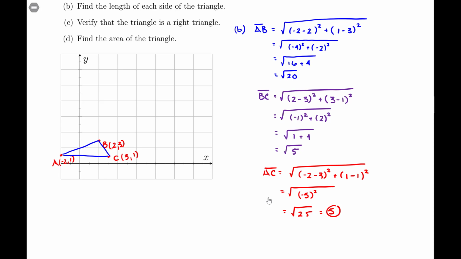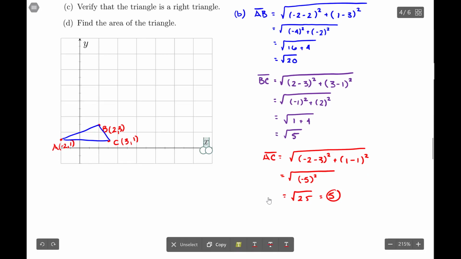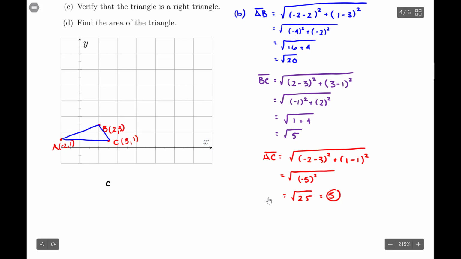Part C of this problem asks us to verify that this is a right triangle. The way we verify something is a right triangle is through the Pythagorean theorem: a squared plus b squared is equal to c squared. First we have to determine which 2 of these lengths represent the legs of the triangle, and which one could possibly be the hypotenuse.